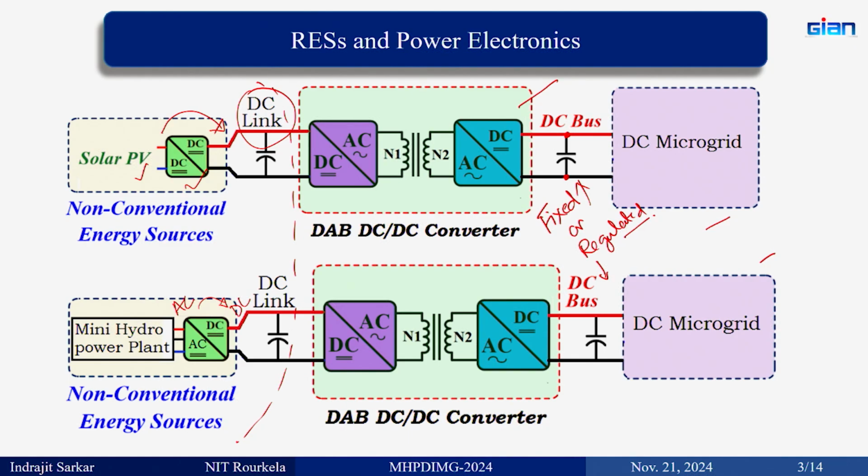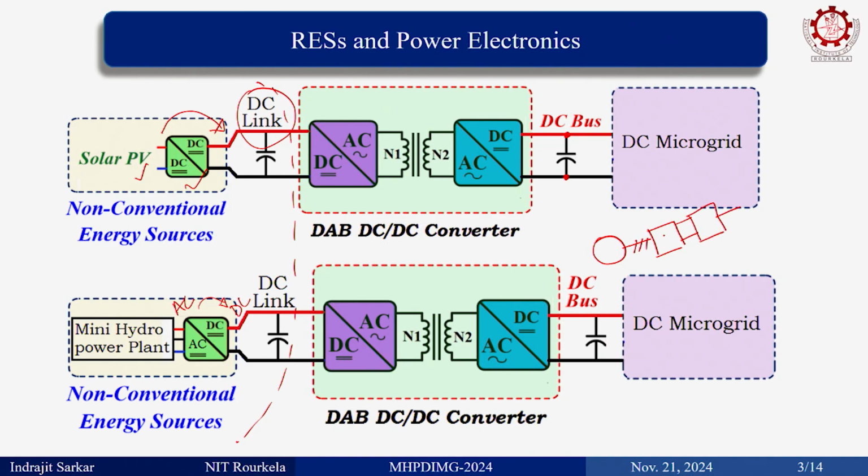When this mini hydro power plant I explained was connected to the AC grid, we had a configuration. If you do not remember, let me draw it once again. We have the machine, then we have back to back converters, and then you connect it to the grid. So, this is AC to DC, this is DC to AC.